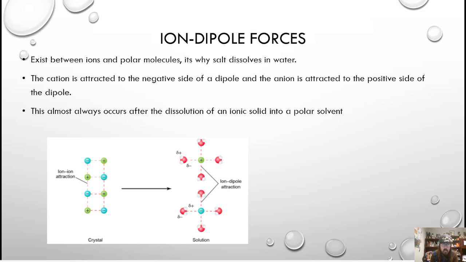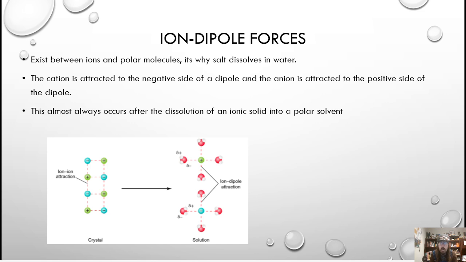So, starting with the usually considered highest, which is ion dipole. Ion dipole is just an interaction between any sort of ion and a polar molecule. It is the simple way of why any salt dissolves in water.